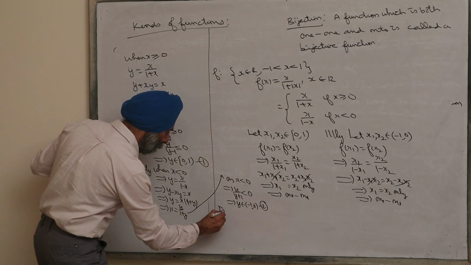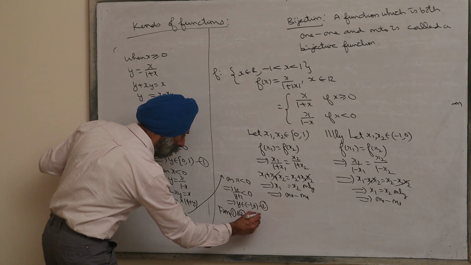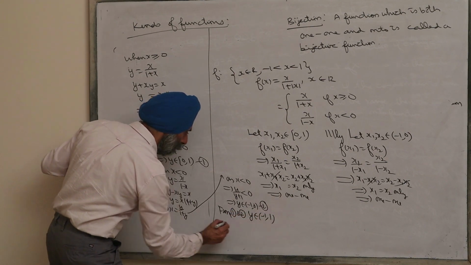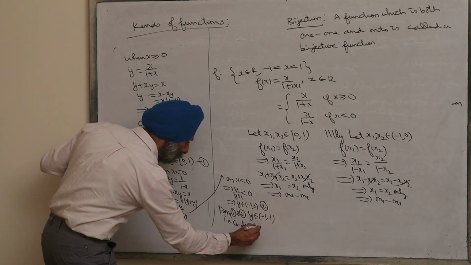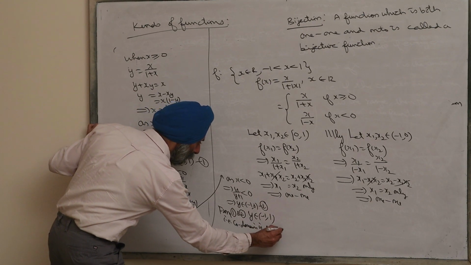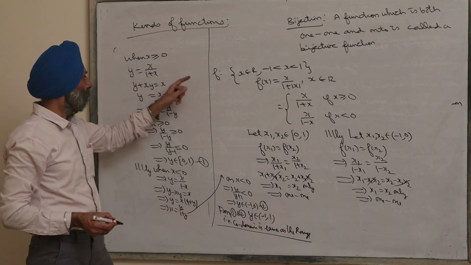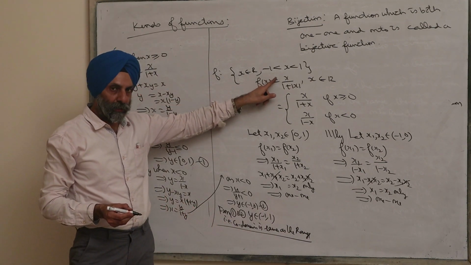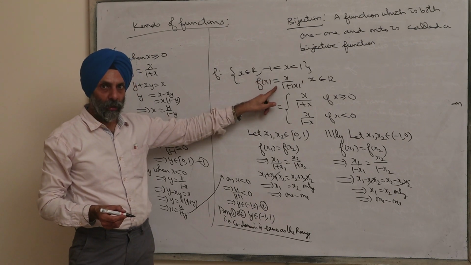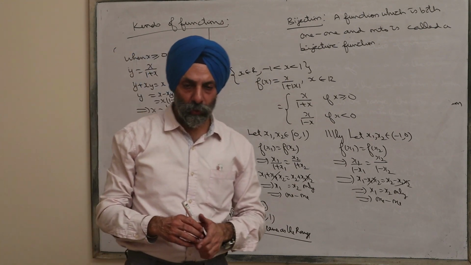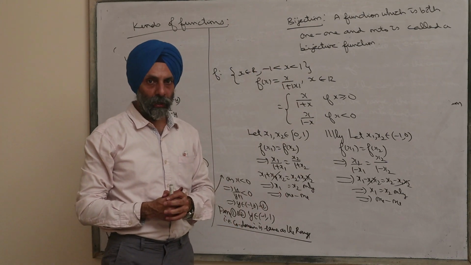So from first and second, y belongs to -1 to 1. That is, the codomain is same as the range, which shows that the above function is a bijection, or it is a bijective function, that is, it is both 1-1 and onto. So this way we have to consider the different cases just to show that the function is both 1-1 and onto here.